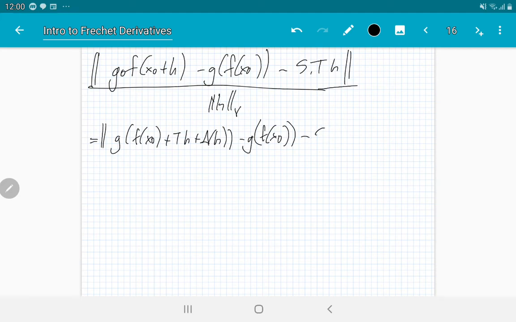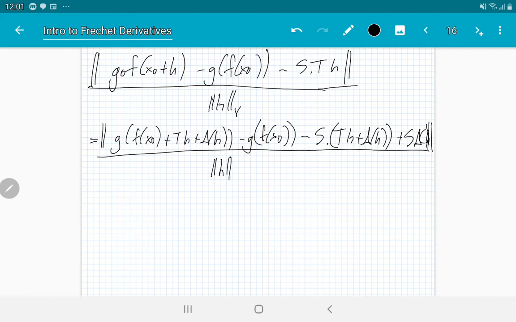Then I want to have here S times T of h plus delta of h, and then I add S times delta of h, and everything is divided by the norm of h. Sorry, this looks ugly, but this is just what I have to add to S delta h. This is a norm in Z.